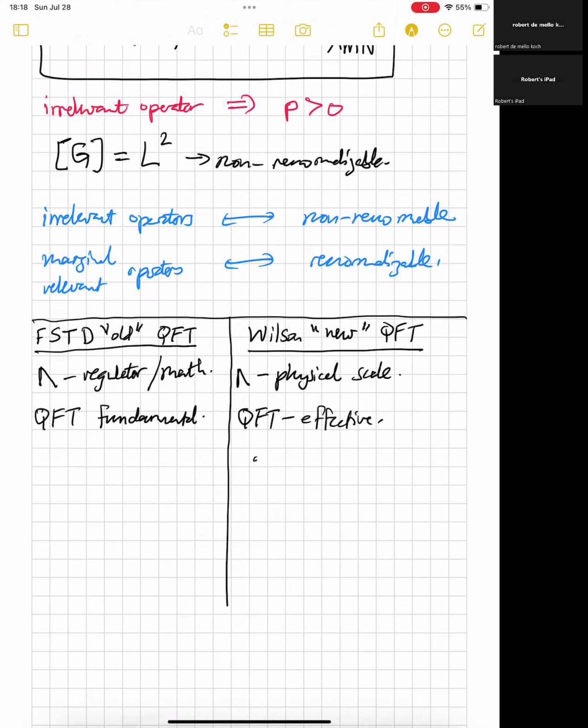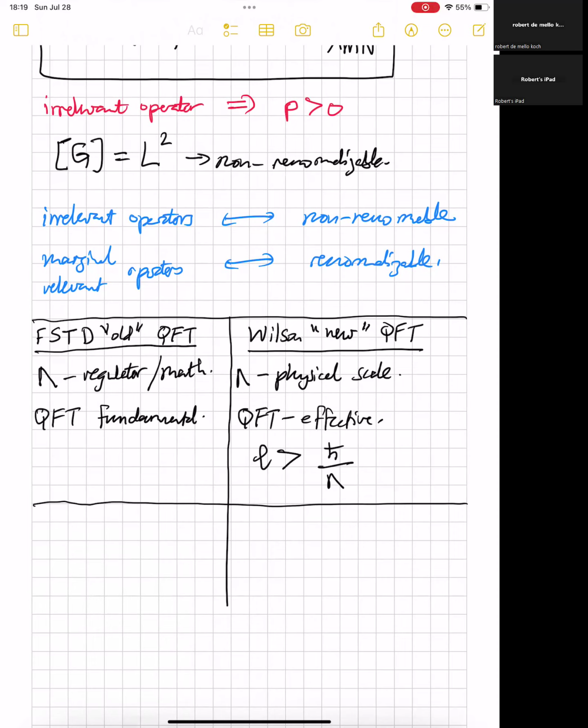It only holds on length scales which are larger than h bar divided by lambda. If you want to go to lengths which are smaller than h bar over lambda, you'll need to add new physics. So quantum field theory is not a complete description. It's not a fundamental description. It's an effective description. And new physics will appear at length scales below h bar over lambda.